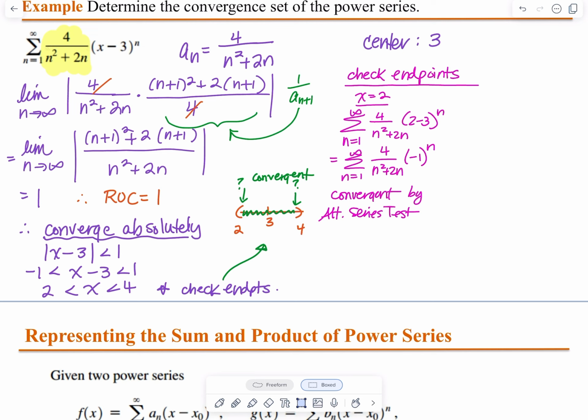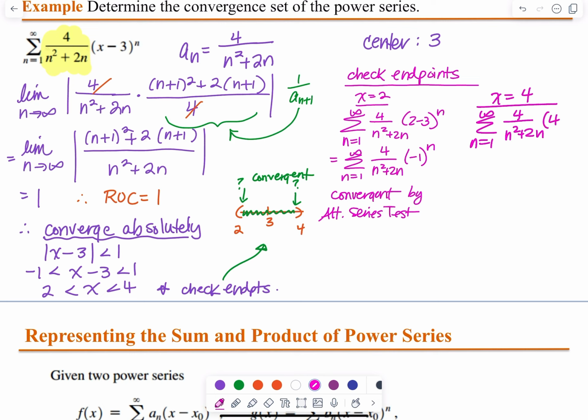So now let's go ahead and check our other endpoint, which would be x equal to 4. And you can see we have the sum from n equal 1 to infinity of 4 divided by n squared plus 2n times 4 minus 3 to the n. And that's just going to be 1 to the n. So we have 4 divided by n squared plus 2n.